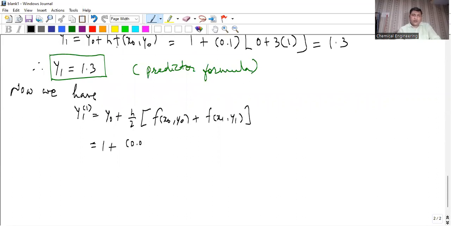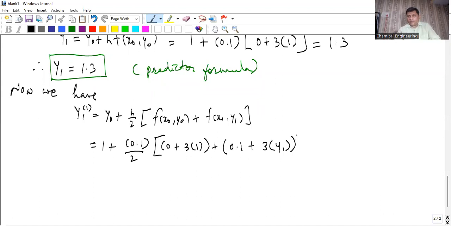H is going to be 0.1, and this by 2. And then we have f of x0 y0. So f of x0, what is that? 0 plus 3 times 1. This is f of x0 y0, f of x1 y1. So x1 is going to be 0.1 plus 3 times y1.